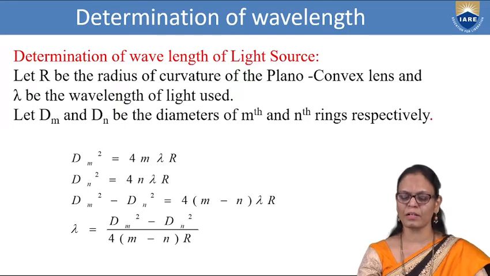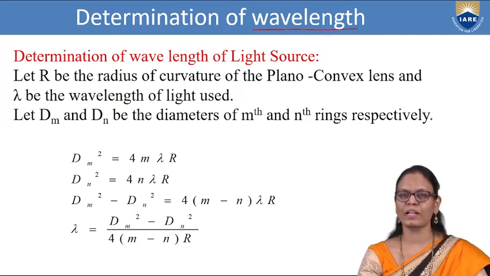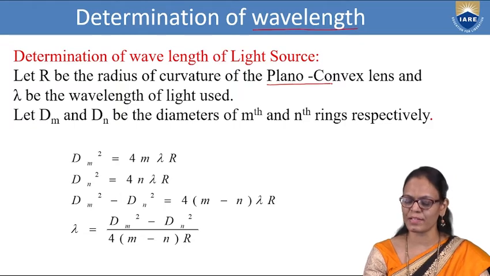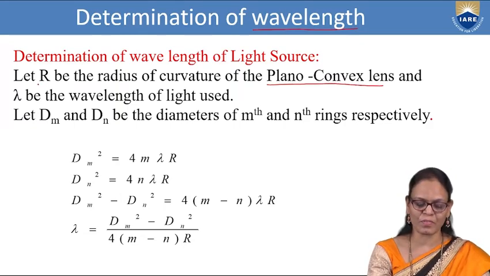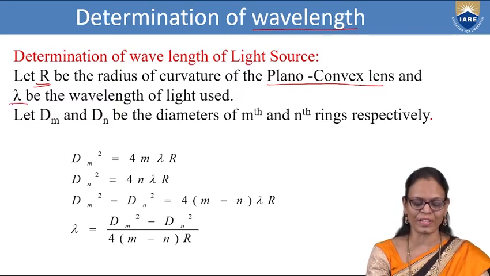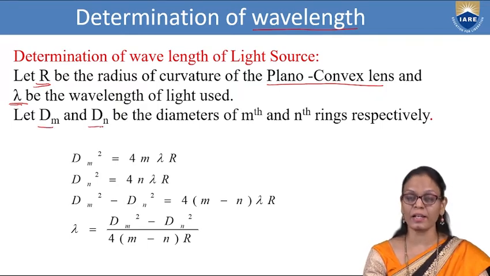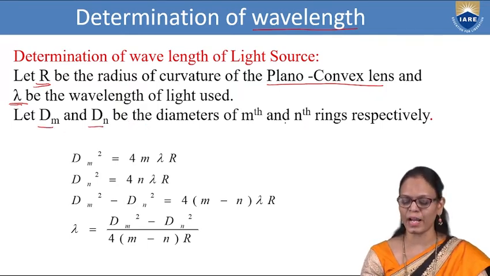Now, how do you determine the expression for the wavelength using this Newton's ring setup? We are considering a plano convex lens whose radius of curvature is R, and we are using a monochromatic source of light whose wavelength is lambda. Now, Dm and Dn are the diameters of the mth and nth rings.